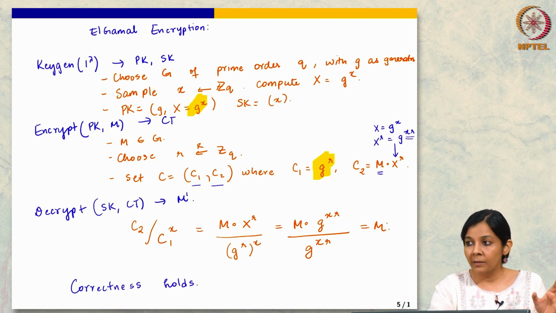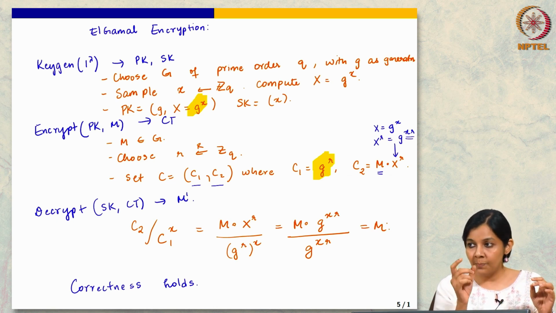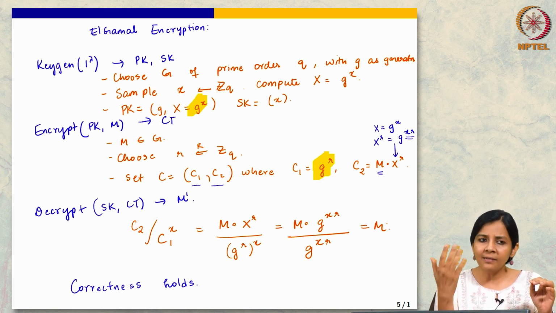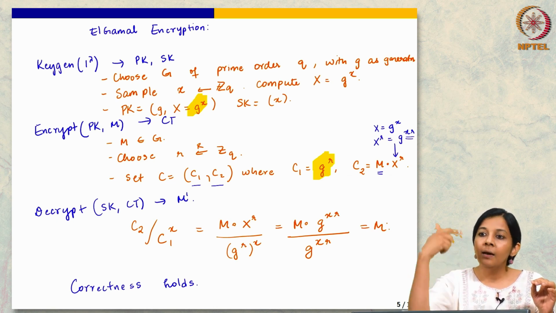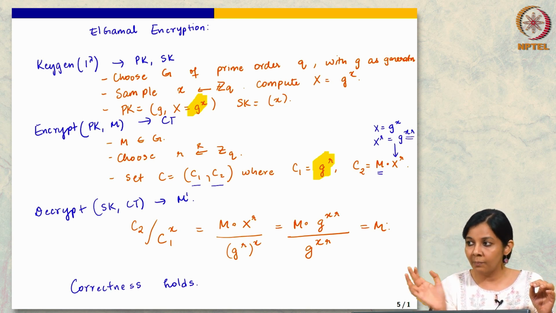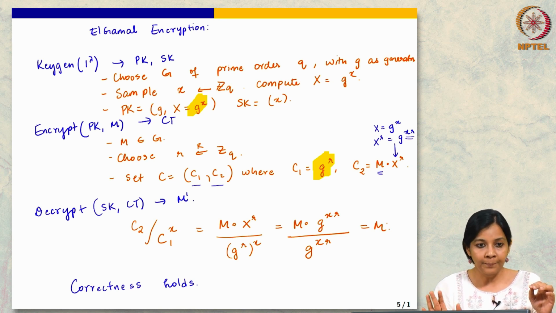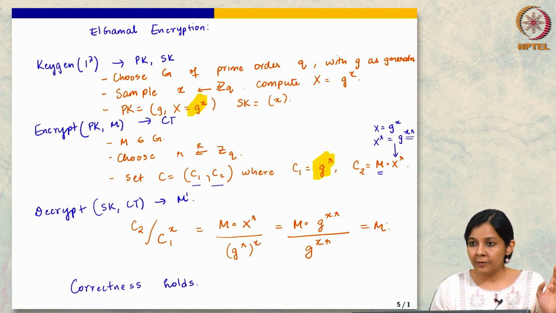This is my encryption, and obviously I can reverse this process and recover the message if I have the original discrete log, because the first component of the ciphertext is g to the r. Just as in the key exchange, I can raise that to the x, get g to the rx, which is my masking term for the message, so I can cancel those out. Okay. So, this is my encryption scheme.